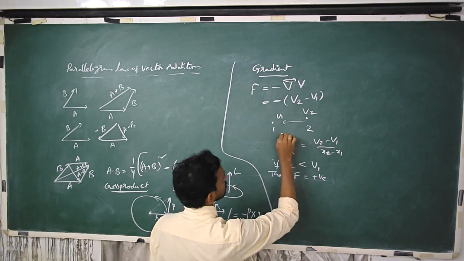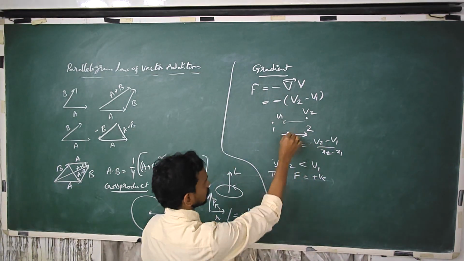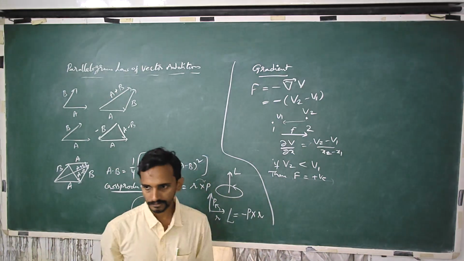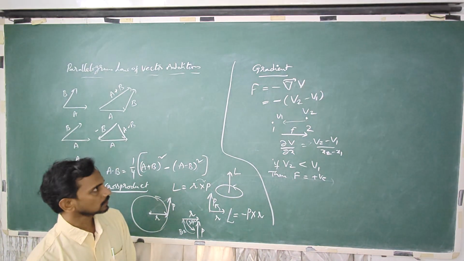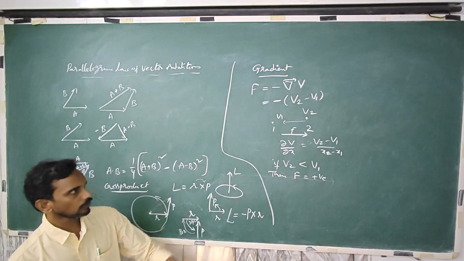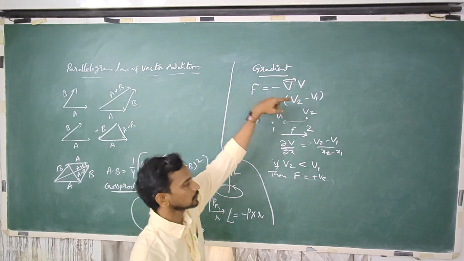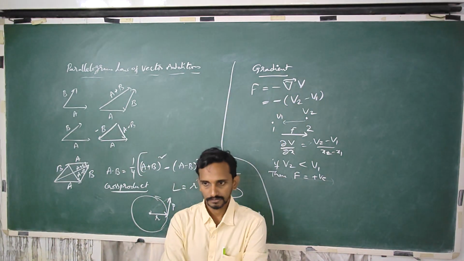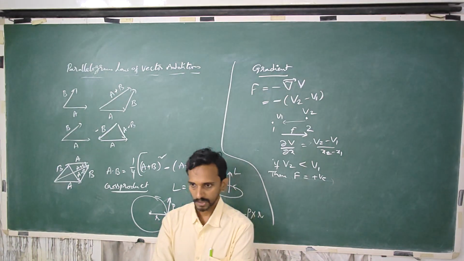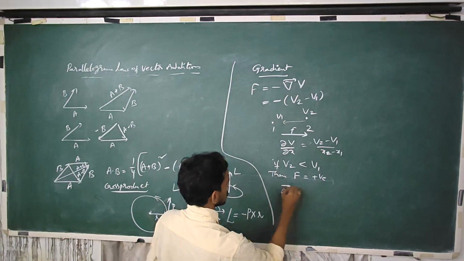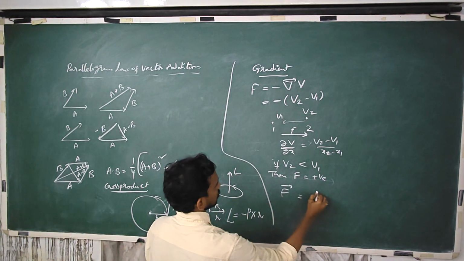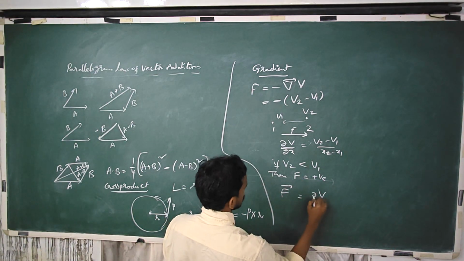So force will be in the other direction. That means there exists a force always working from high potential to low potential. Force is a vector quantity, and potential is a scalar quantity.